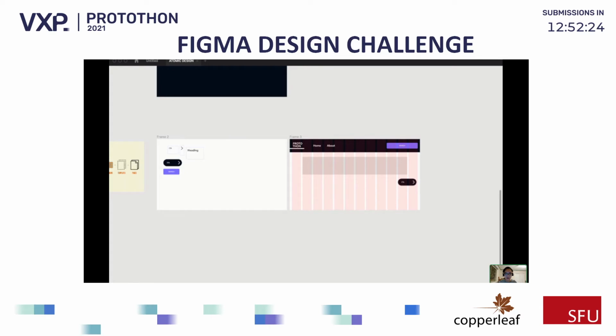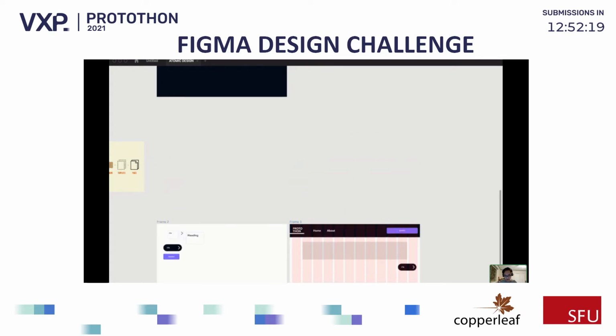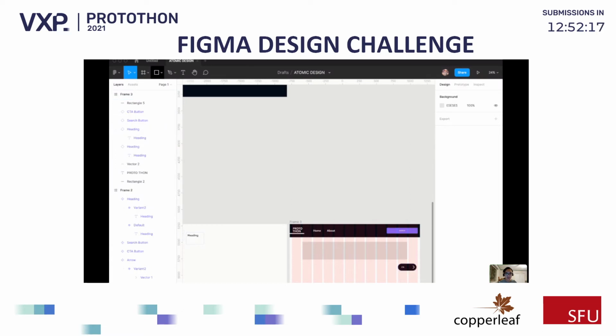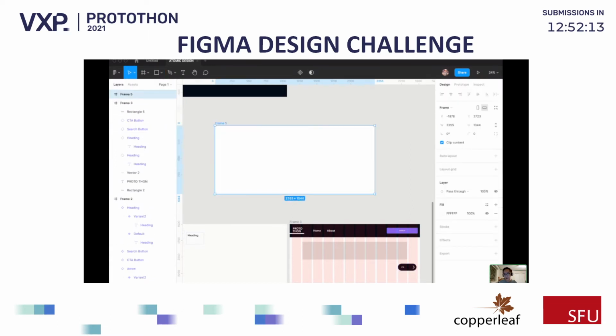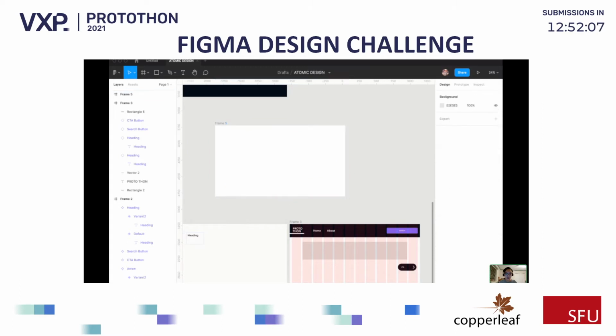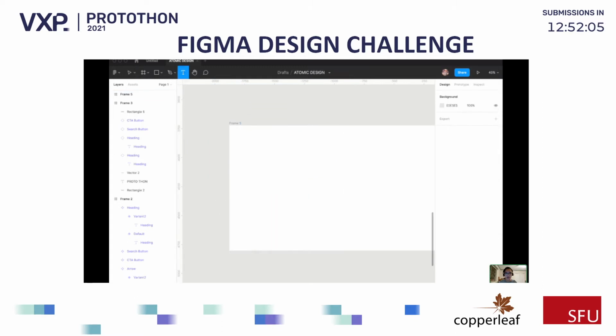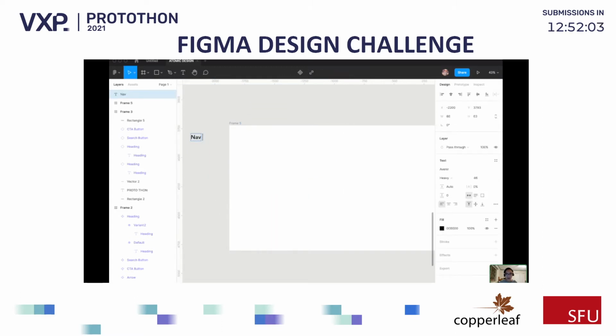So let's create a web page. When we think about a web page, I'll go through my design process in a really quick way. Let's say I want a standard web page, which is 1920 by 1080. I know that on my web page, I'll probably want a nav bar and my logo.